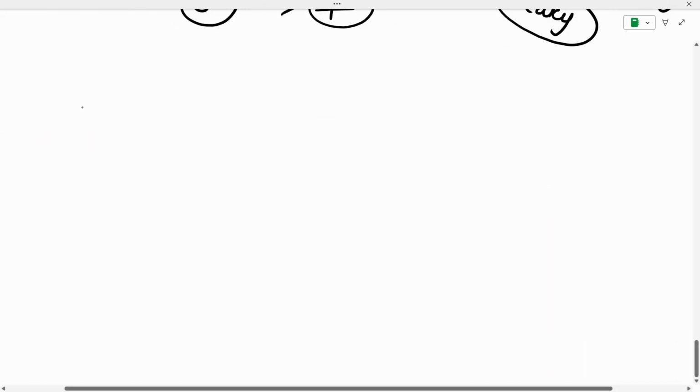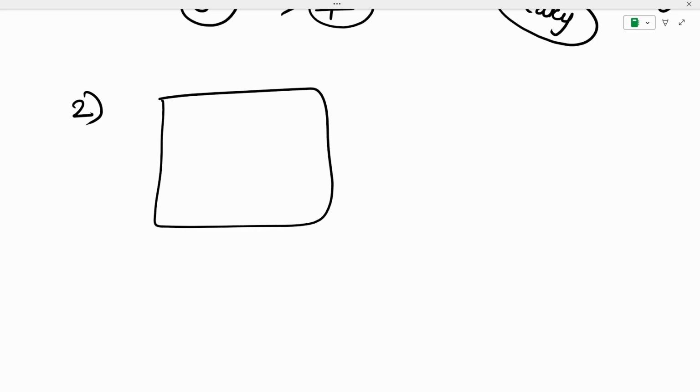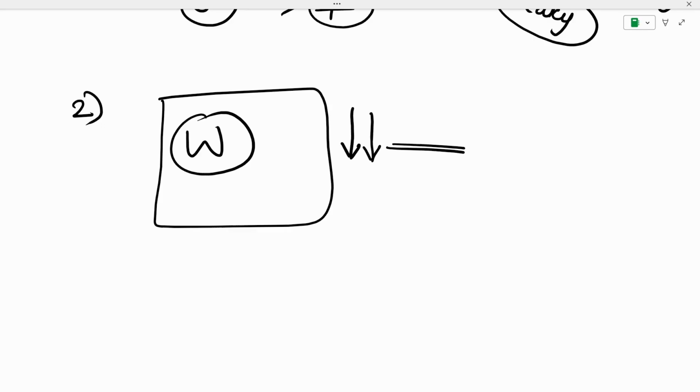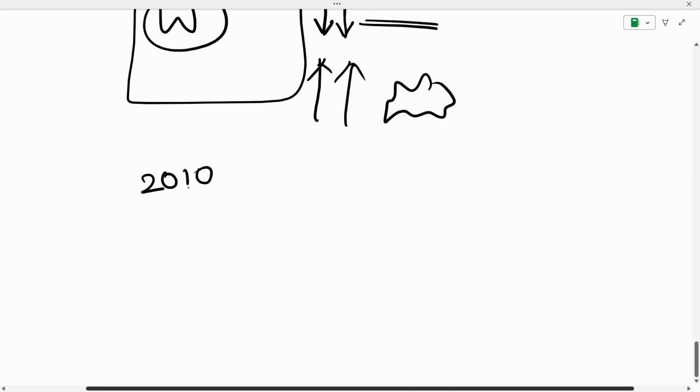Now, the second solution is smart initialization. The researchers realized that how you set the starting weights of a neural network is also very important. If you set these weights very small, the gradients will just vanish. Or if you set these values too high, the gradients will just explode. So, there is a sweet spot. In 2010, Xavier Glorot proposed a solution.